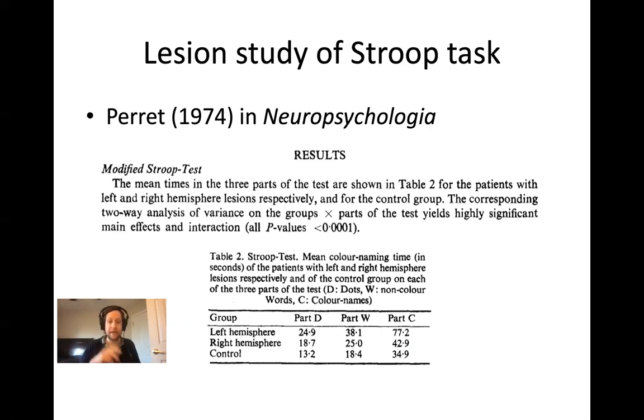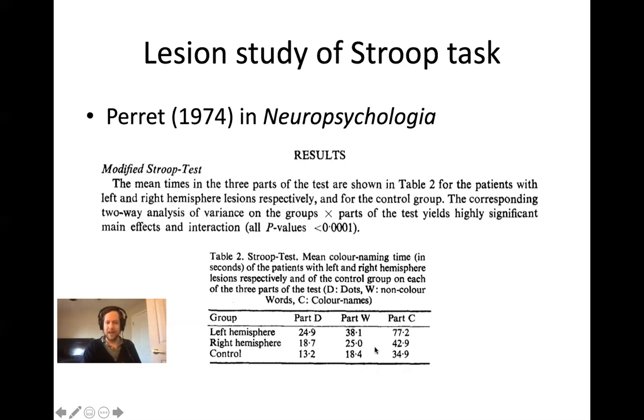This was a study of lesion patients, with lesions in the left or right hemisphere, and a control group that didn't have lesions at all. They had them perform the Stroop task. This was a long time ago, so instead of calling it the congruent, neutral, and incongruent condition, they called it the dots, non-color words, and color names. This is basically the incongruent condition.